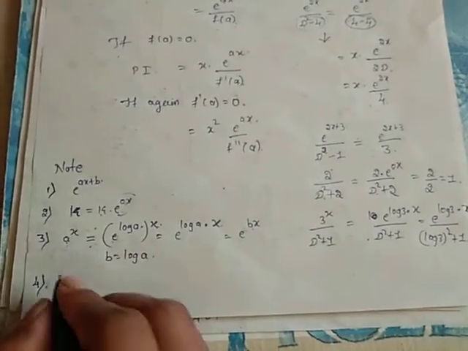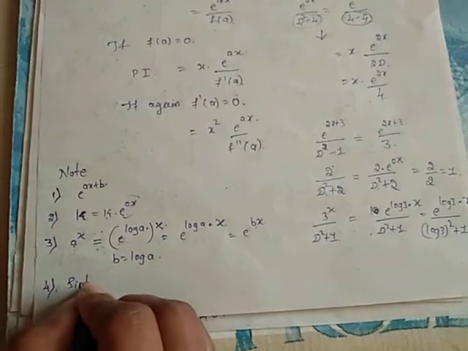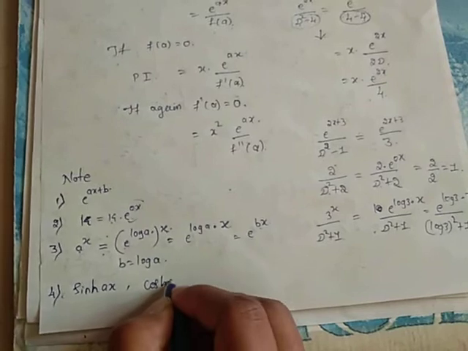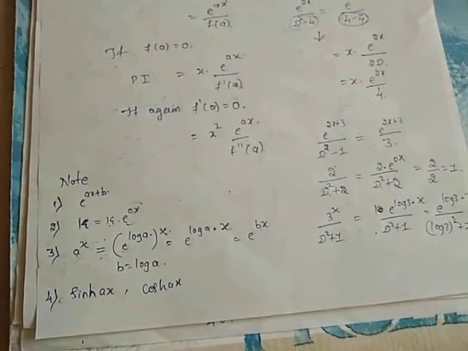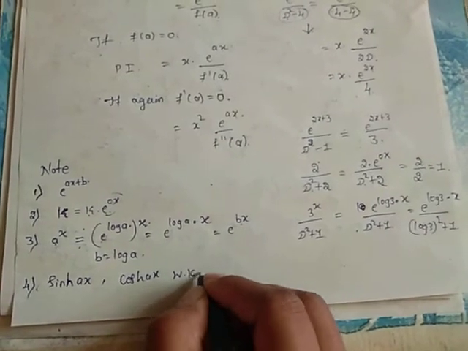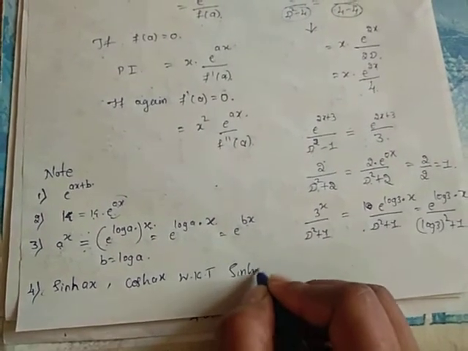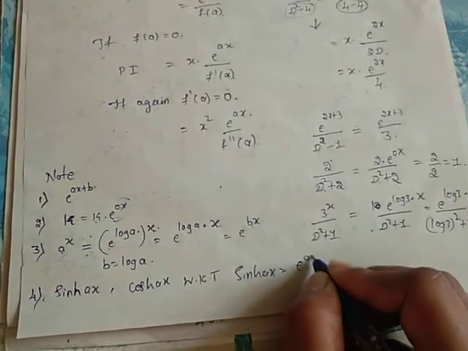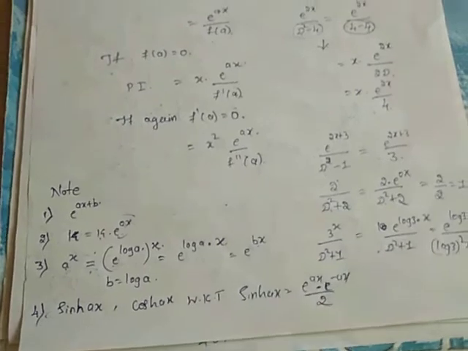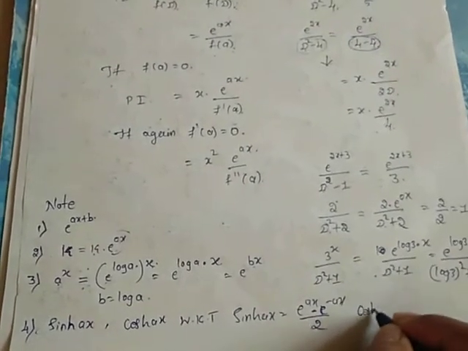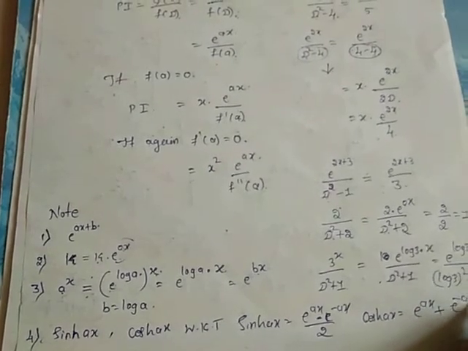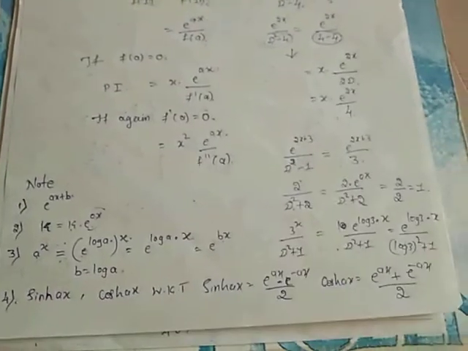Next, fourth one is sin h ax, cos h ax. These two also come under the same procedure, because we know that sin h ax equal to e raised to ax minus e raised to minus ax by 2, and cos h ax equal to e raised to ax plus e raised to minus ax by 2.